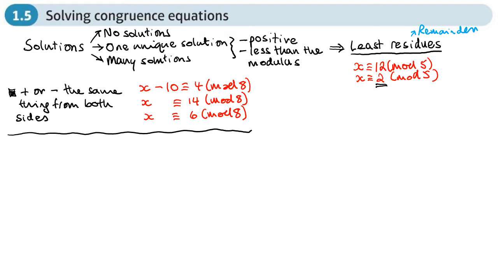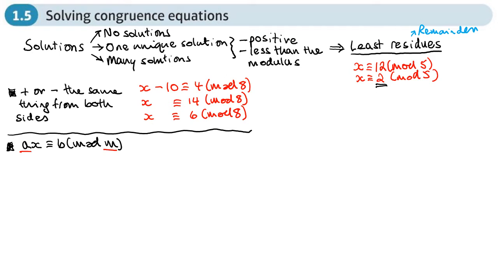Now we're going to be looking at equations which are in this form: ax, so something times x, is congruent to b under mod m. By working out the greatest common divisor of a and m, whatever those two numbers may be, we can work out if the equation has any solutions and how many solutions it has.